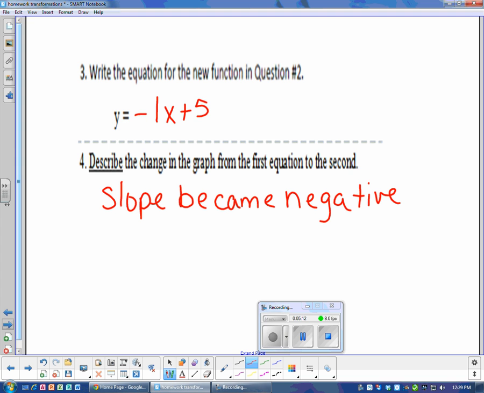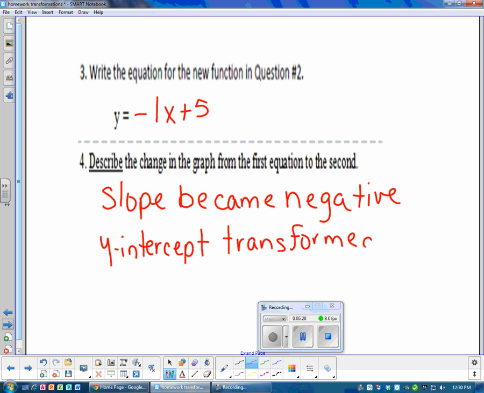And then also the y-intercept was transformed eight units up from -3.